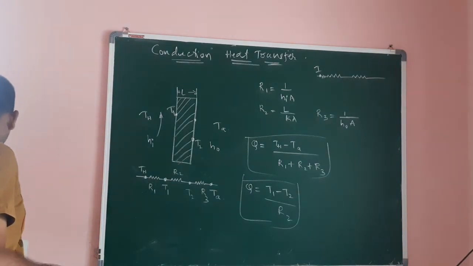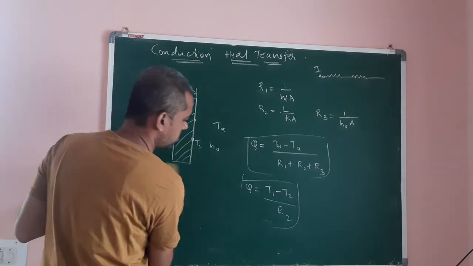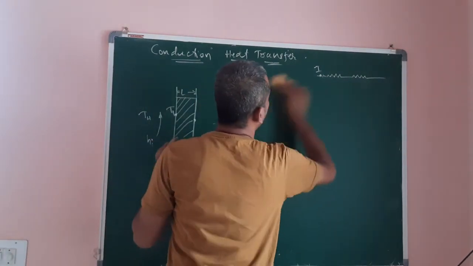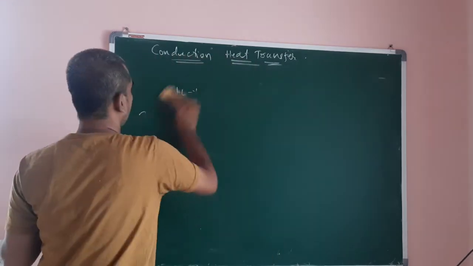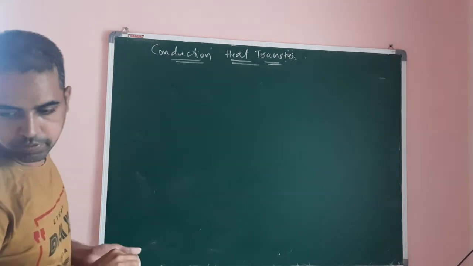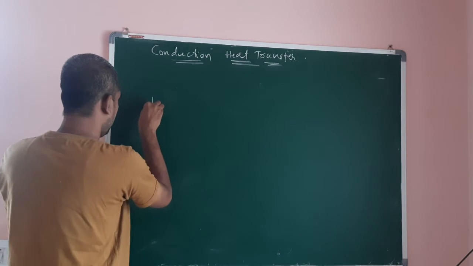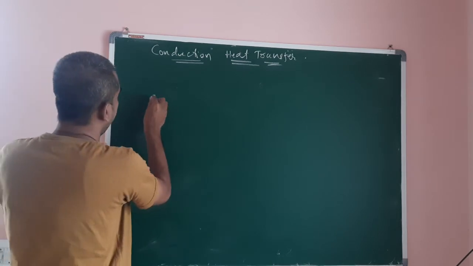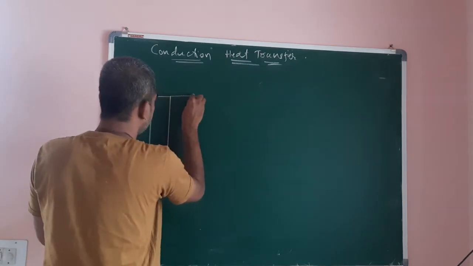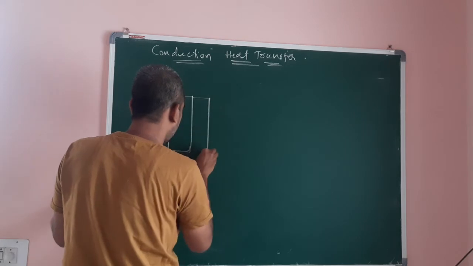Suppose there are several blocks, 2-3 blocks. How does the heat transfer take place? If there are 3 blocks, this is one block, this is the second block and this is the third block.